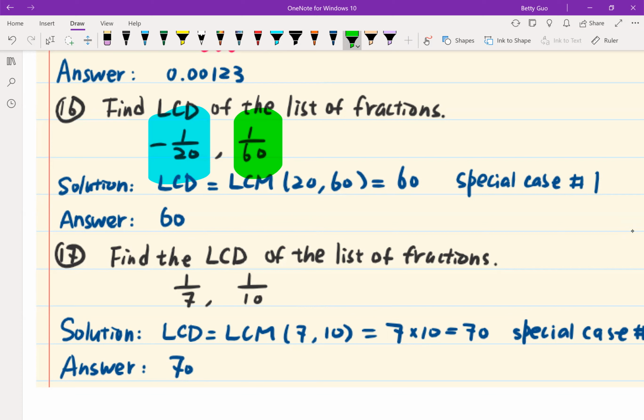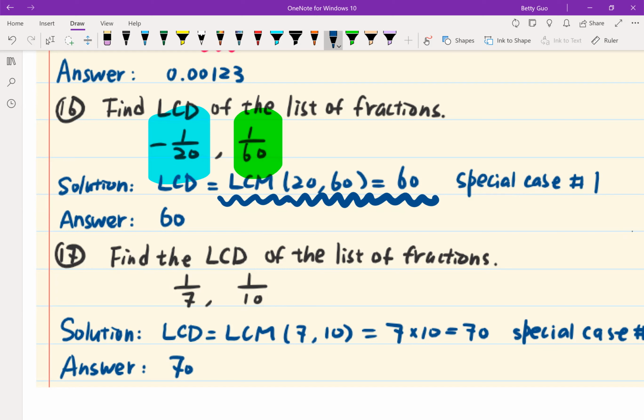So we are looking for the least common multiple of 20 and 60, which is 60 because of the special case number 1. 20 is a factor of 60, 60 is a multiple of 20. 60 is the smallest multiple of itself, so 60 is the smallest common multiple of both. Is that doable? Those problems are pretty straightforward.